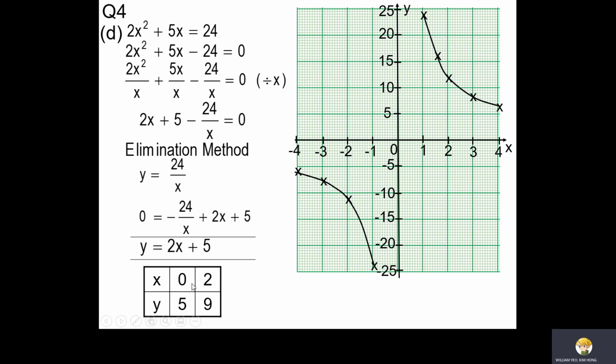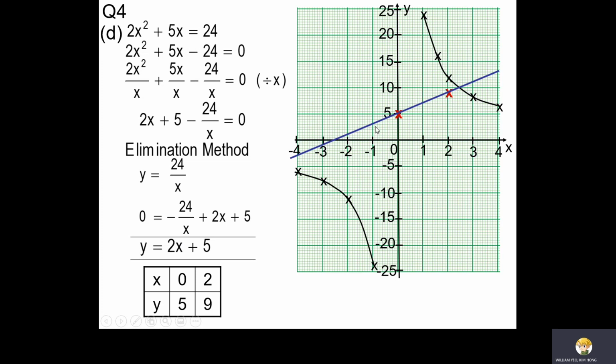Again, 2 points. 0, 5, 2, 9. You can also use 1. If you use 1, 2 times 1 is 2, 2 plus 5, 7. You can use 1, 7. Any 2 points, but again, don't use a big number. The bigger the number you use, it's actually easier for you to make mistakes. So 0, 5 here, 9 here. Draw a line.